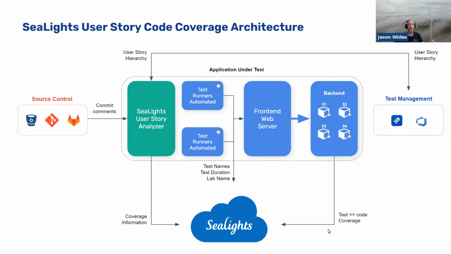That information is now being fed back into C-Lights. So now C-Lights has an understanding of where the tests were actually hitting the code. And because we're monitoring the code changes, we also understand what was modified from one build to the next and one deployment to the next, and understand if that was covered.